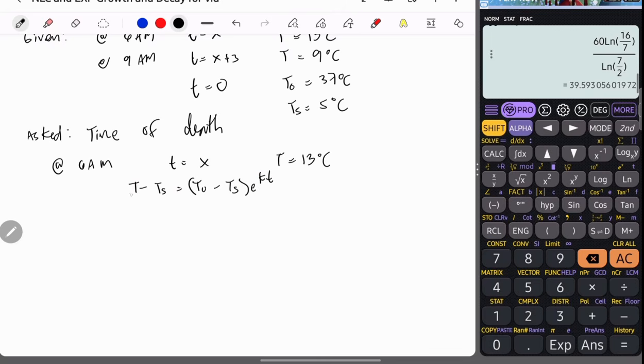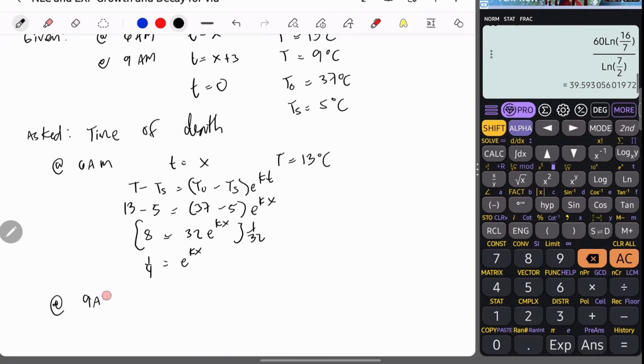What is the temperature when the time is x? 13 minus Ts 5 equals initial 37 minus 5 times e to the kx. 13 minus 5 is 8. 37 minus 5 is 32. Then we divide both sides by 32. So 8 divided by 32 is 1/4, and 32 divided by 32 is 1. So e to the kx equals 1/4.